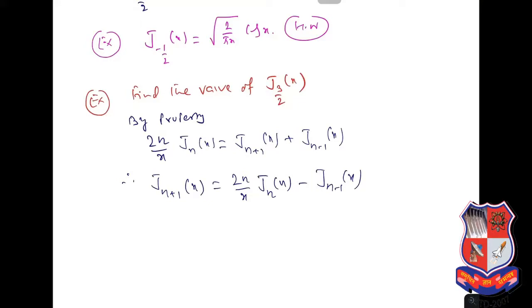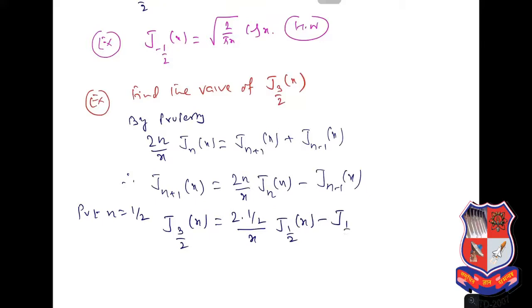Now we want j 3 by 2 x. So j 3 by 2 x, let us put n equal to say 1 by 2. So if I put n equal to 1 by 2, this is j 3 by 2 x. This is 2 into 1 by 2 by x j 1 by 2 x minus j 1 by 2 minus 1 x.